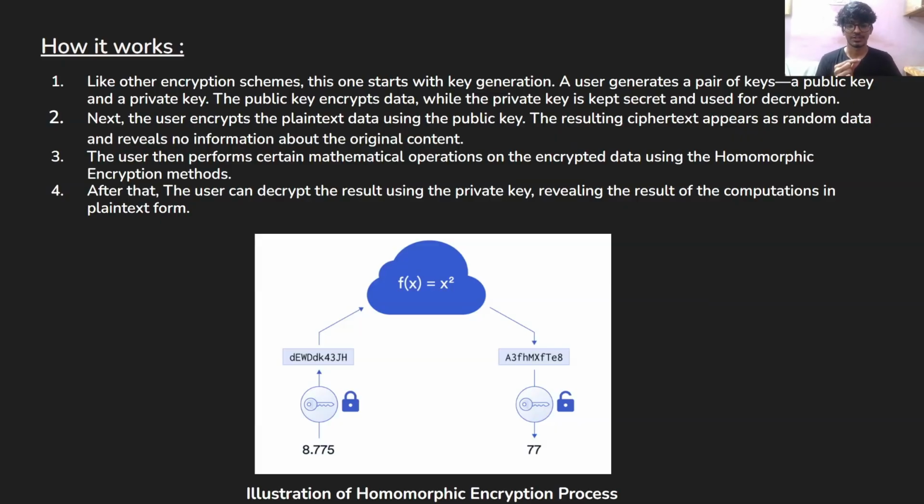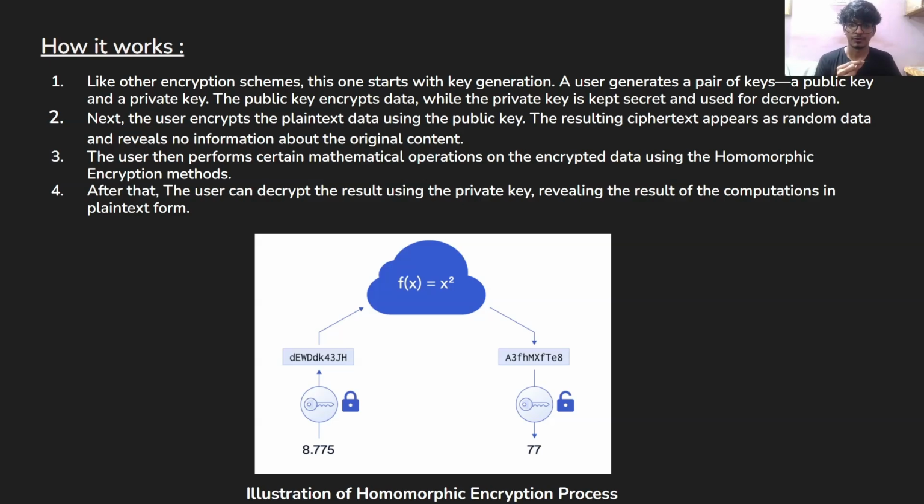Similar to the traditional asymmetric encryption process, the homomorphic encryption also begins with the generation of public and private key. So either a public or a private key is used to encrypt the actual message or the plain text, and we create a ciphertext. This encrypted ciphertext is sent to the cloud services or the web servers to perform the mathematical computation or any operation.